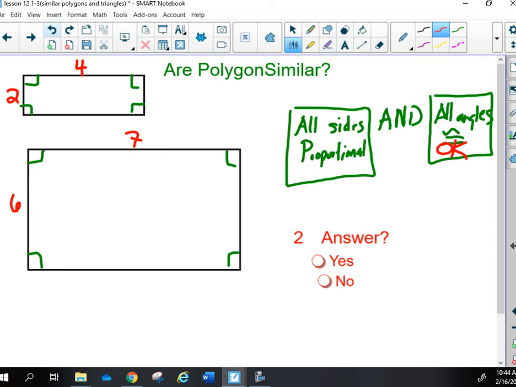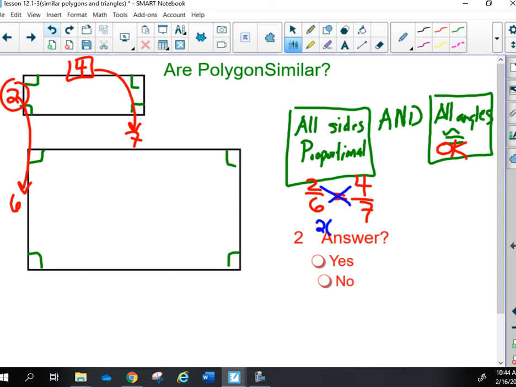This is how I want you to show if they're proportional. I want you to put a proportion between the sides. I got the small side that corresponds to the 6 side, and I'm going to put the 4 corresponding to the 7. And even though many of you can look at that math and say, no, they're not the same fractions, this is how I want you to mathematically prove it.